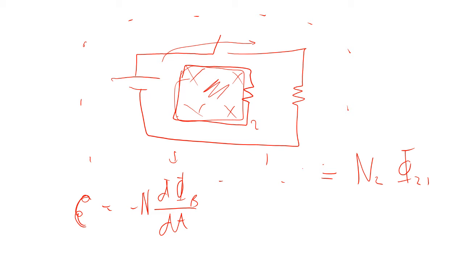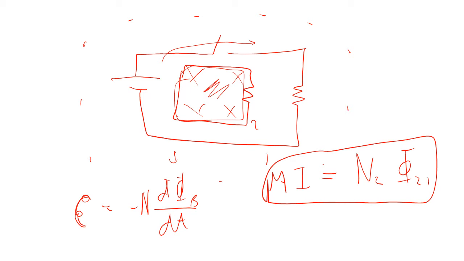So we can say the proportionality is something that we call the mutual inductance, okay? We've got that the mutual inductance times the current is going to be equal to the number of turns in that loop times the flux in that loop due to the other one.